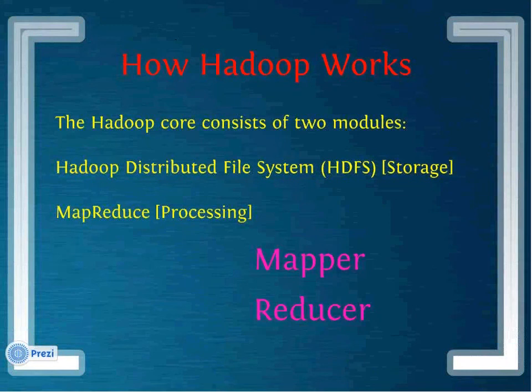The next topic is how Hadoop works. Now we know what Hadoop is and why we need it, but how does it work? Hadoop core consists of 2 modules. We were talking about the processing part, which was quite difficult, complex and big.